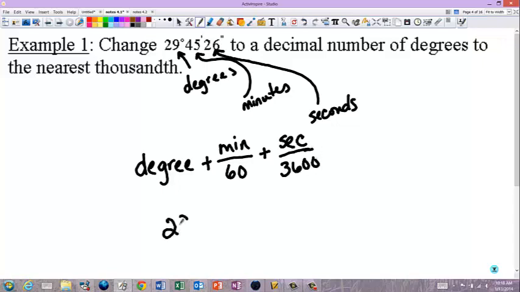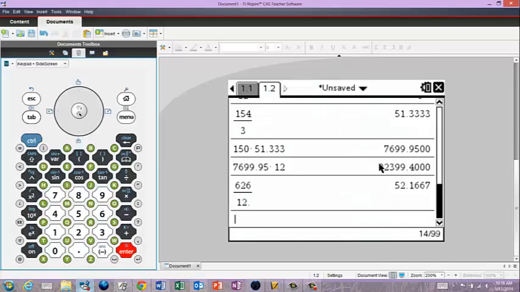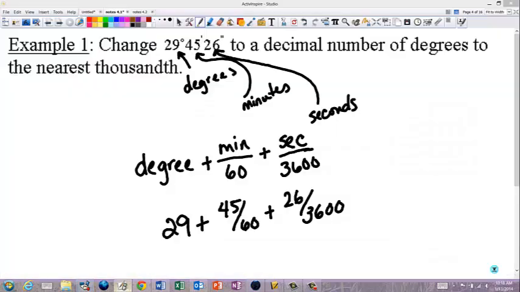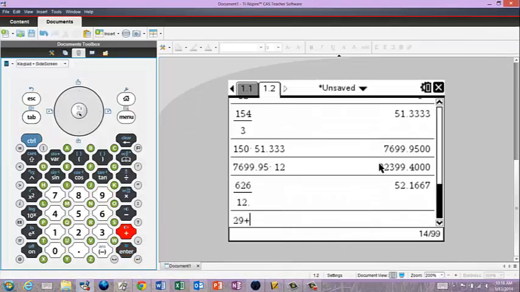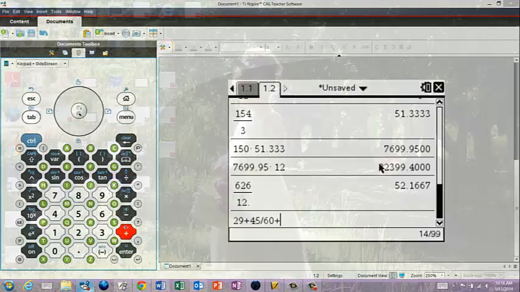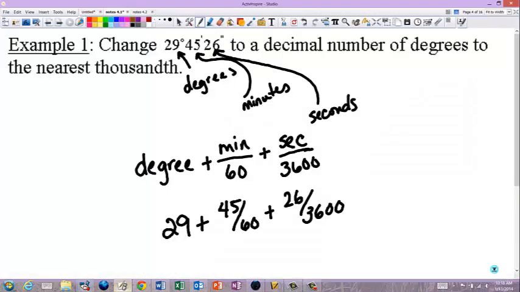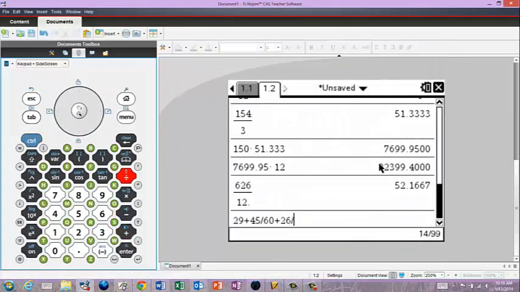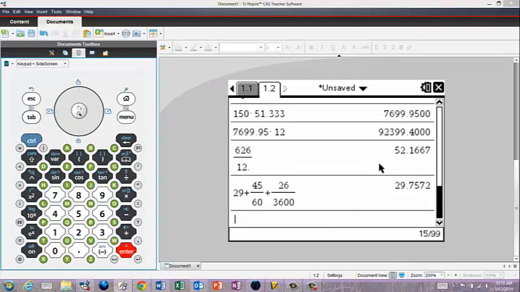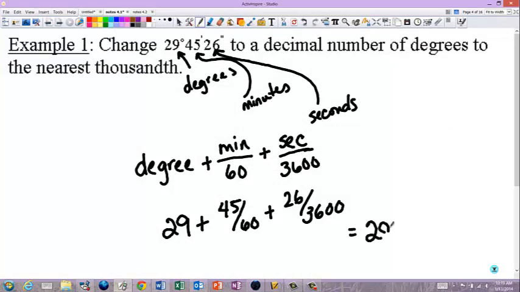So we'll do 29 plus 45 over 60 plus 26 over 3,600, and we can just put it in our calculator. You want to get a decimal, so control enter. 29.757, so that's 29.757 degrees.